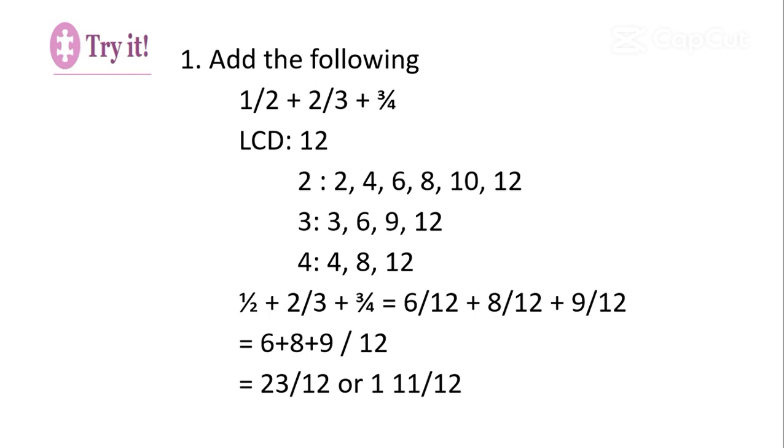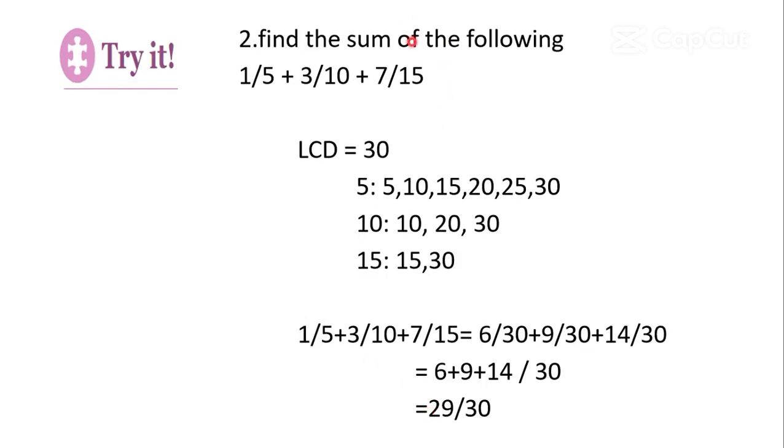Any question? If you have a question, you may chat me in our group chat or raise it in the class later on. Next, finding the sum of the following: 1/5, 3/10, and 7/15. Since they are dissimilar fractions, we find the LCD.